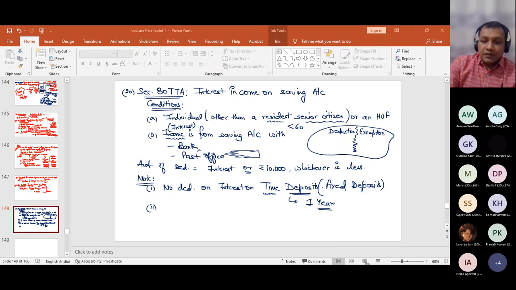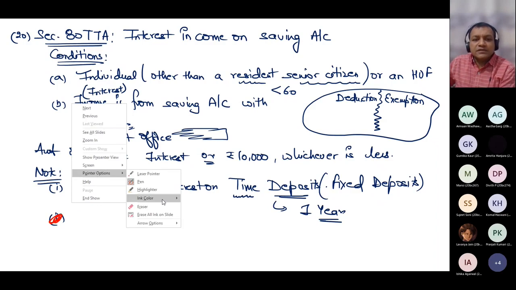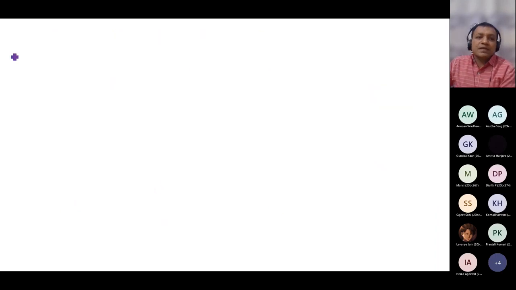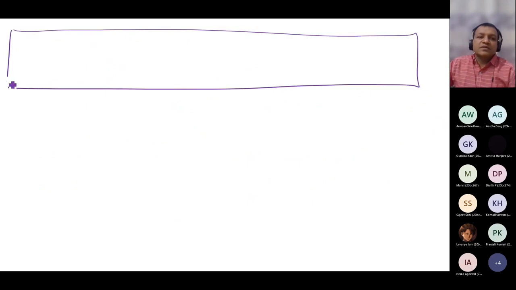That's it. Let me note it down so that you also can note it down somewhere. These two points have no relationship with 80TTA. These are different points which you should note for your knowledge only.